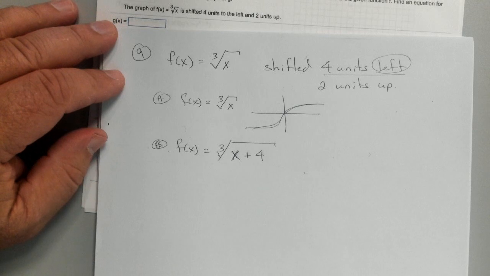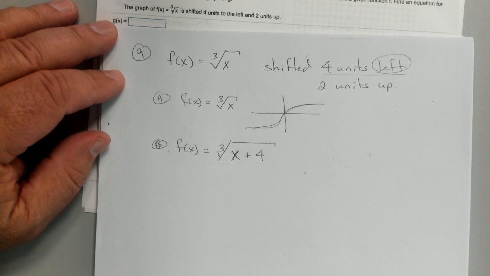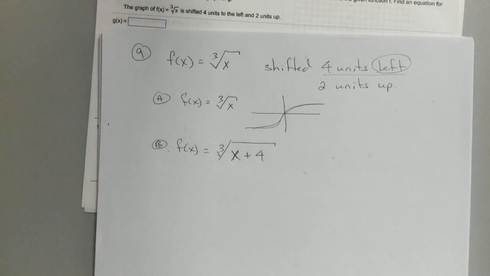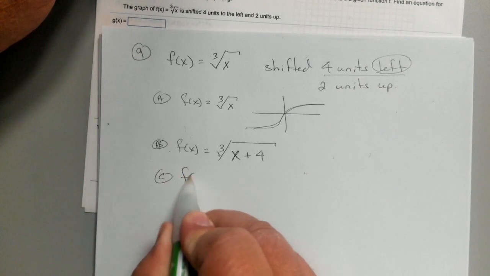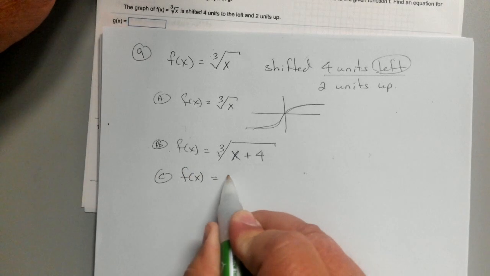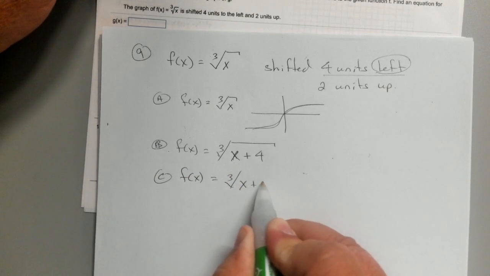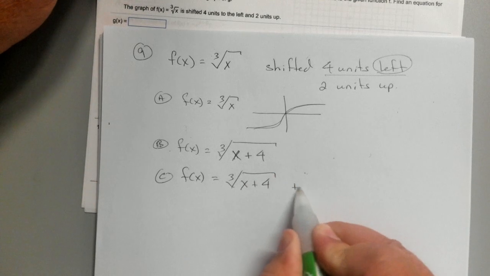Because that's the horizontal shift. Anything that happens inside the function is horizontal, and everything that happens outside is vertical. Any questions? No. Okay. And then 2 units up. Plus, outside of the function, because like you said, it's a vertical shift.